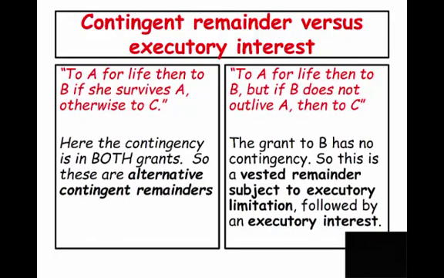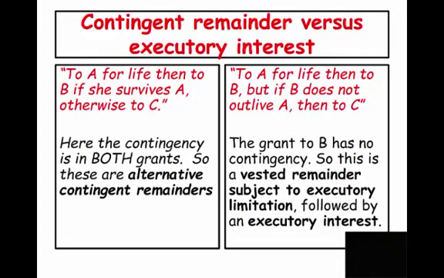B will either survive A, in which case B will take the property, or B will have died earlier, in which case C will take the property. The contingency is B outliving A, and it applies to both B's grant and C's grant. That means it's alternative contingent remainders.